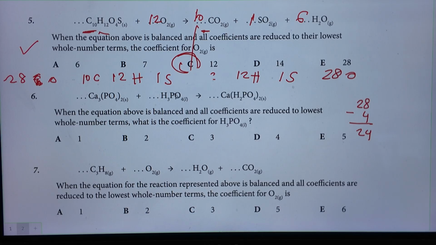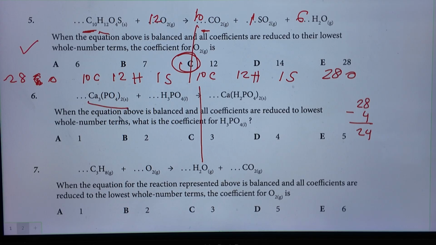You're always drawing the line right around where the arrow is. You don't want to confuse yourself. Let's start with this. And then that's 1. So that gives us 3Ca. And then here, PO4 is kind of its own group.